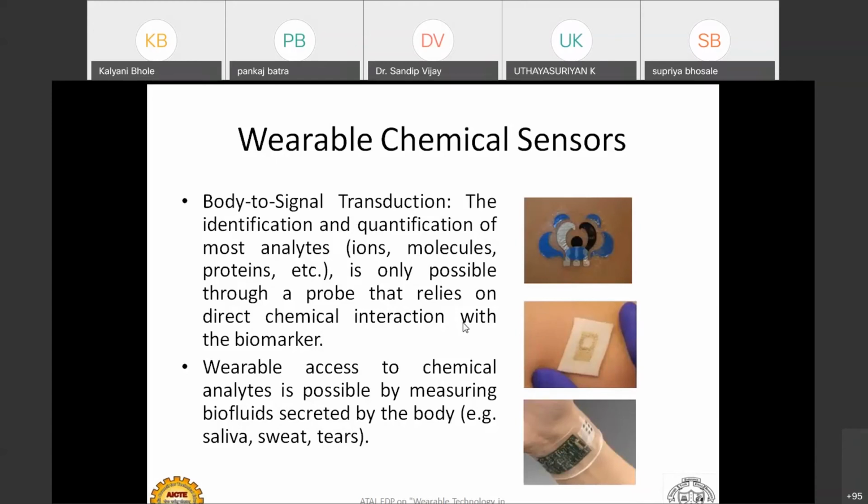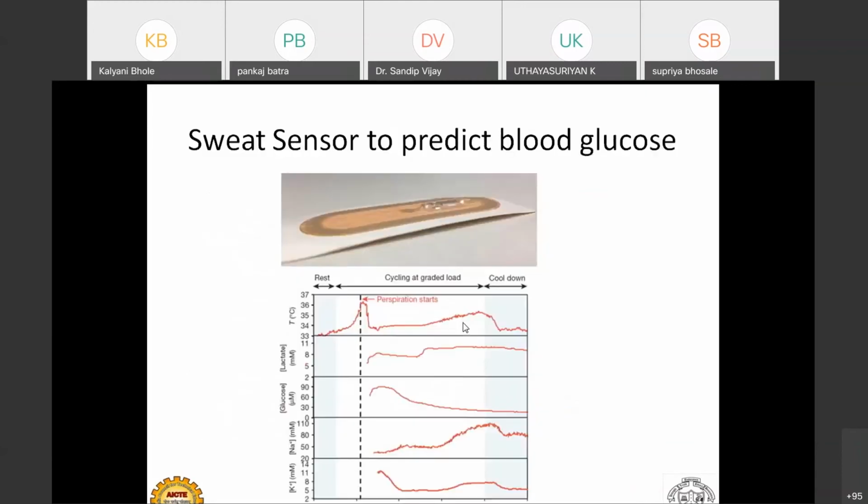These are used for measurement of biofluids secreted by the body, for example saliva, sweat, or tears. There are so many examples, like using tear sensors or sweat sensors. What information comes out? This is one example: a sweat sensor to predict blood glucose.